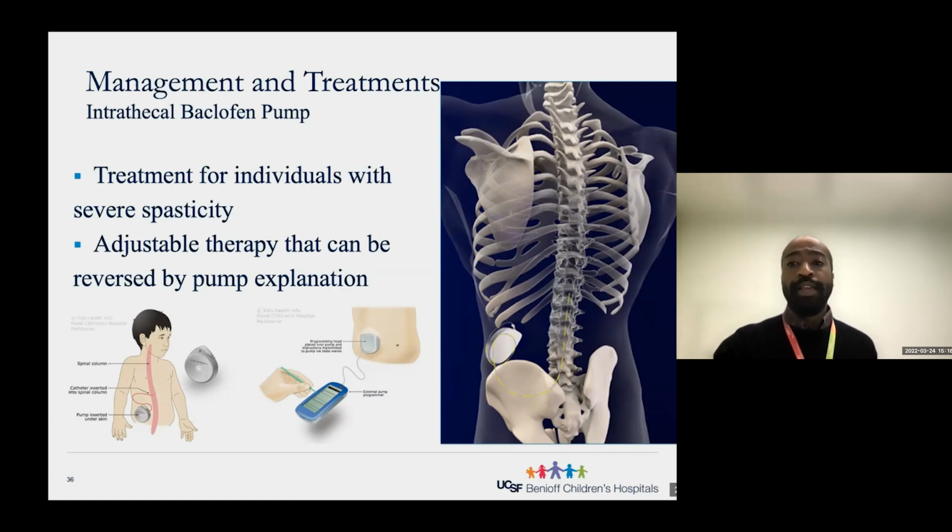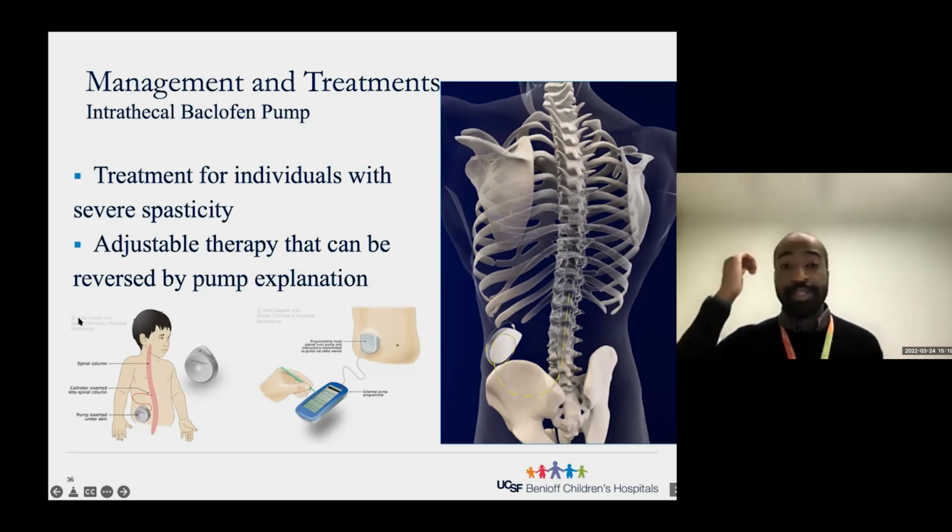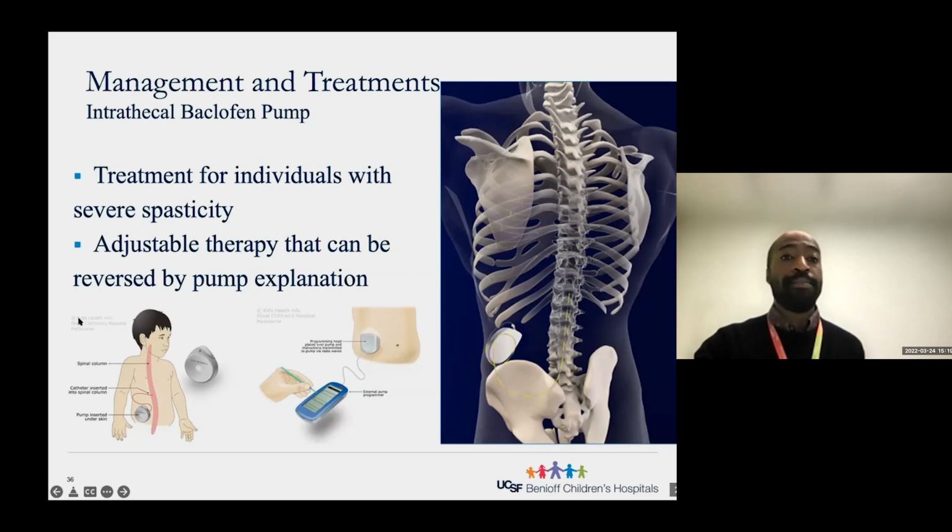From this diagram, you can see there's a pump that's placed in the fascia of the abdominal cavity, and then there's a catheter tubing that delivers medicine into the CSF within the spinal canal that bathes the spinal canal and the CNS in baclofen.